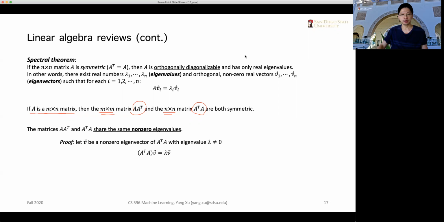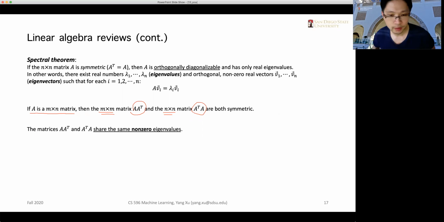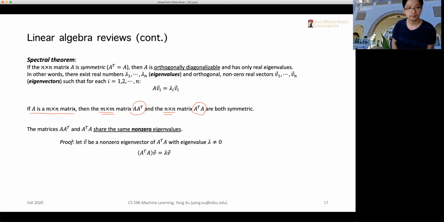Now let's look at their eigenvectors. From the spectral theorem, we know that the two matrices A times A transpose and A transpose times A, interestingly, have the same non-zero eigenvalues, okay?